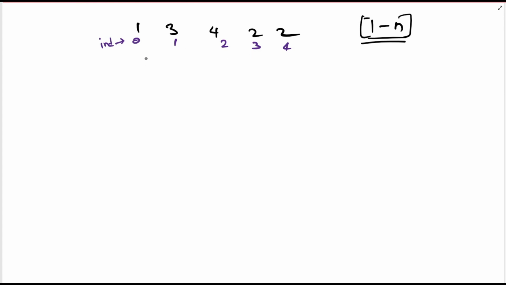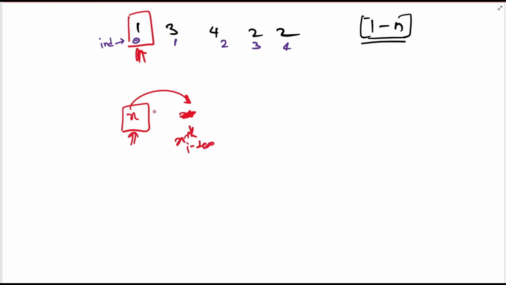So what we can do is start from over here. We will always look at the first number and try to put that number in its particular place. For example, if the number at the 0th place is x, I will try to put it at index x.